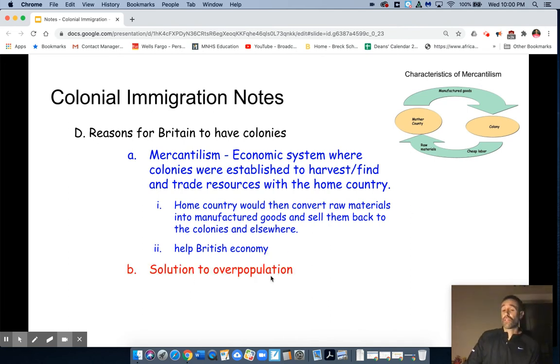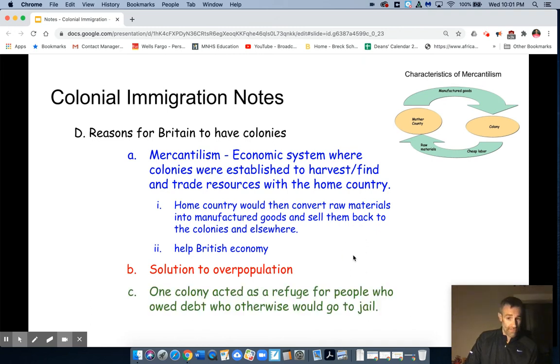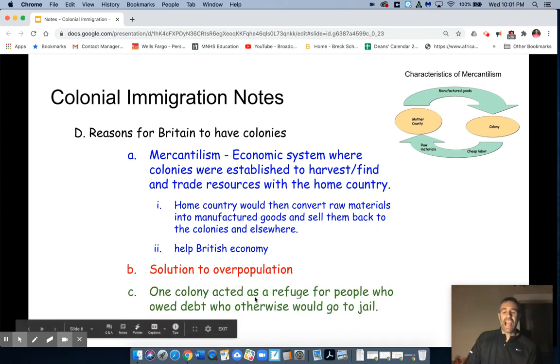It was also a solution to overpopulation. London and cities like that were getting very overpopulated, and the government couldn't support all the people, lots of poverty. So going to this place called America would help alleviate those problems. Then one colony acted as a refuge for people who owed debt, who otherwise would go to jail.